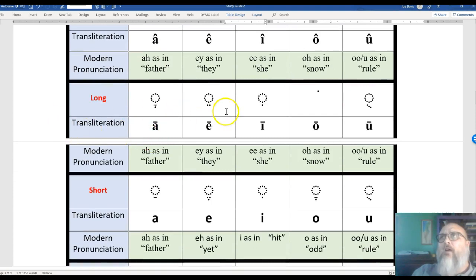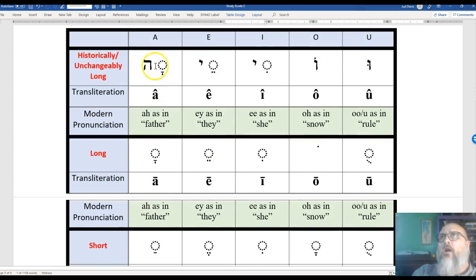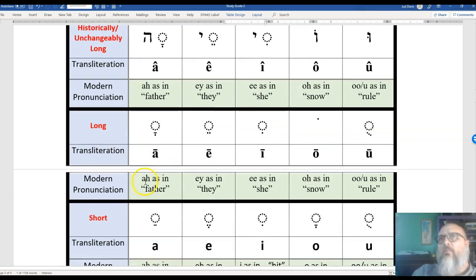The long vowels are exactly the same. This one goes to Shurik. But none of these have the compound with them. Pronounce the same A, E, O, U. Historically long.